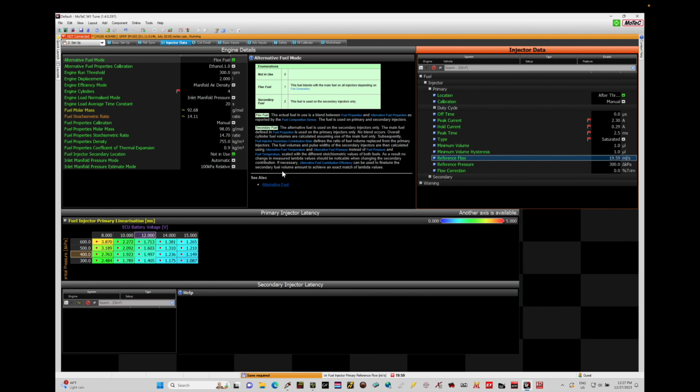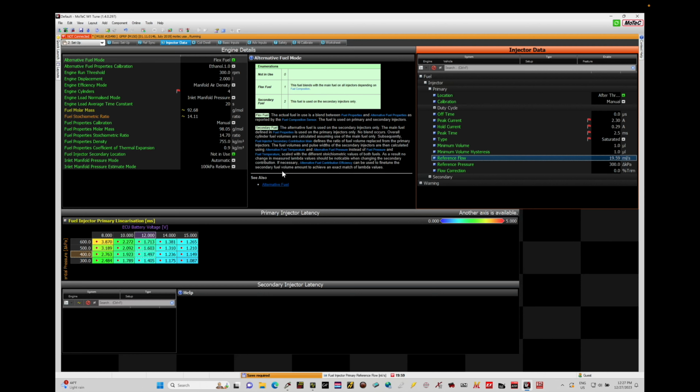So something like a 2000 cc injector is going to have a very tiny injector pulse width, commanding the injector to open and close, compared to a small injector, which is going to have a very large injector pulse width. So when we're talking about the injector flow in terms of a programming value, that is going to correlate taking a fuel mass and converting it into a base injector pulse width.